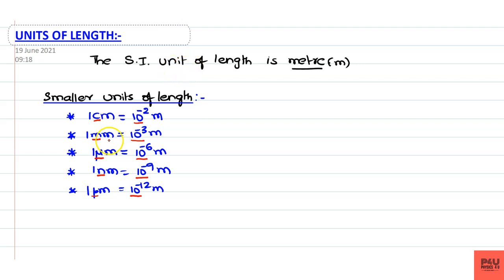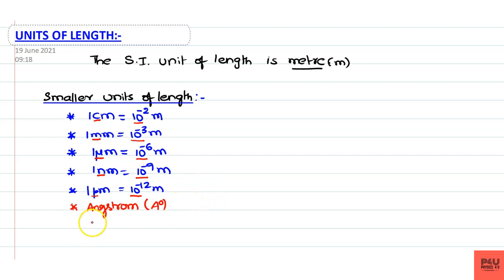By using a unit called angstrom, we measure the wavelength of light, size of the molecule, separation between atoms or molecules, radius of orbit of electron, etc. What is this 1 angstrom?